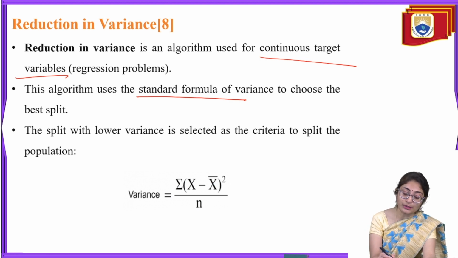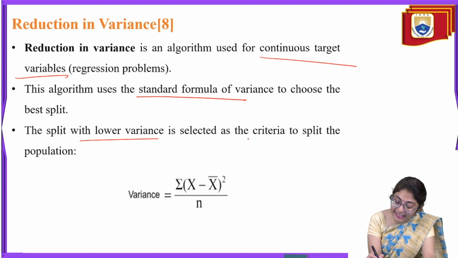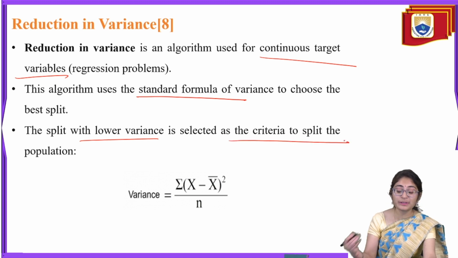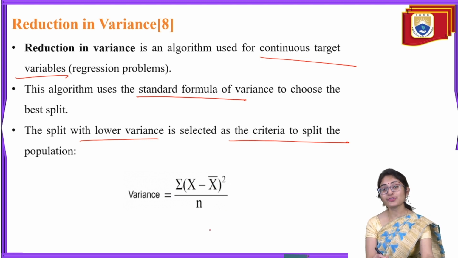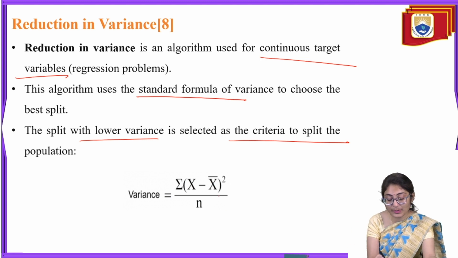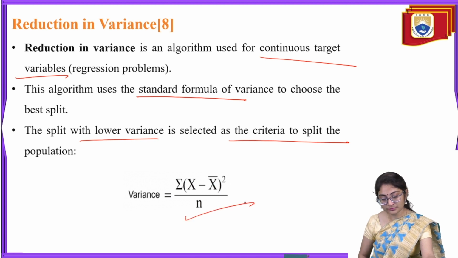The split with lower variance is selected as the criteria for splitting the population, and variance is equal to the summation of x minus x bar whole square divided by n.